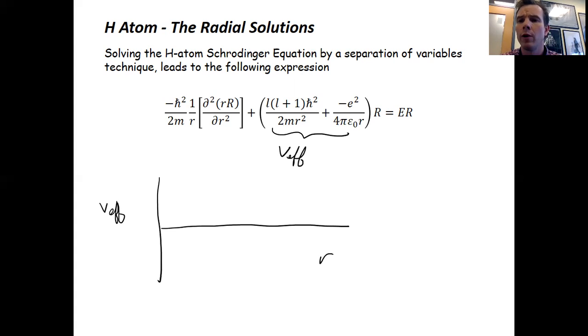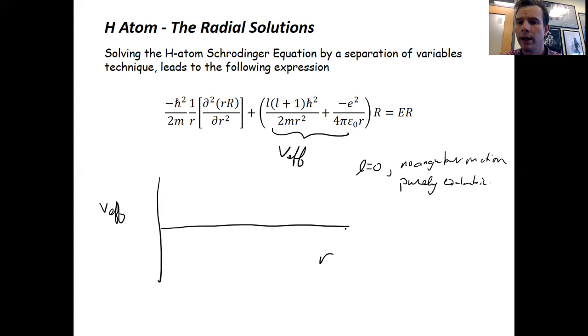The first is one in which L is equal to 0. If L equals 0, there is no angular motion, and we have a purely Coulombic potential. In that case, the effective potential is going to look like this.